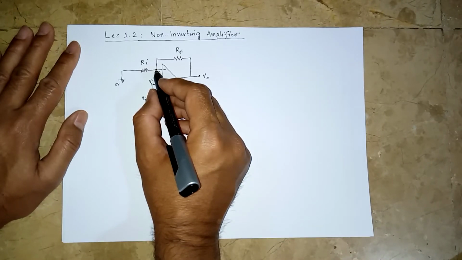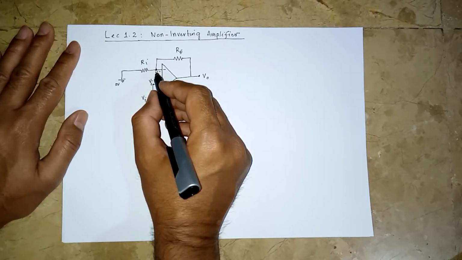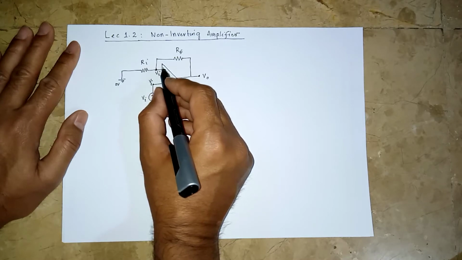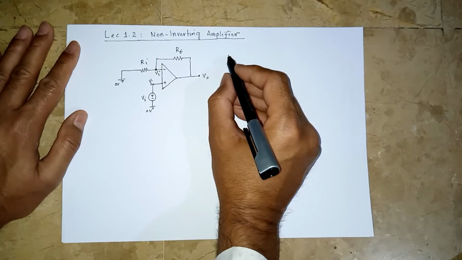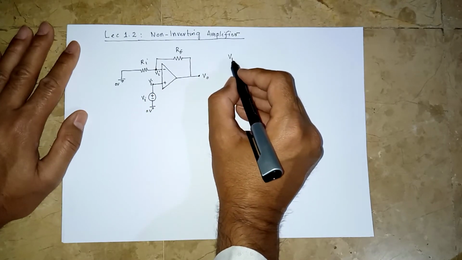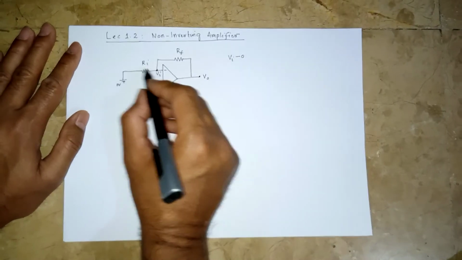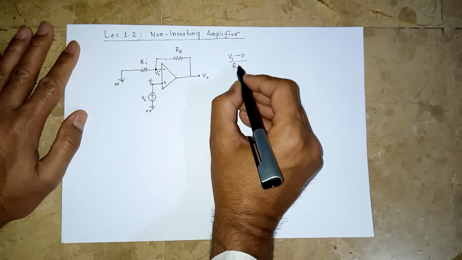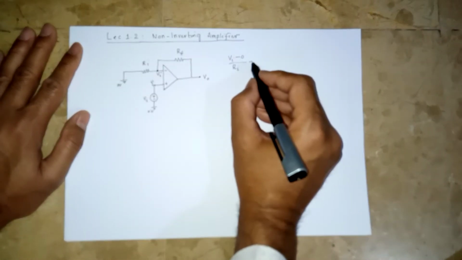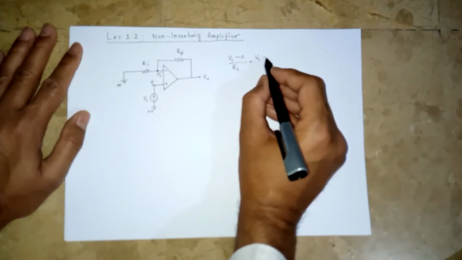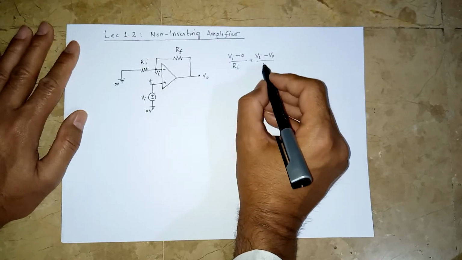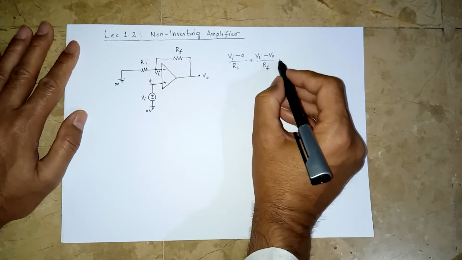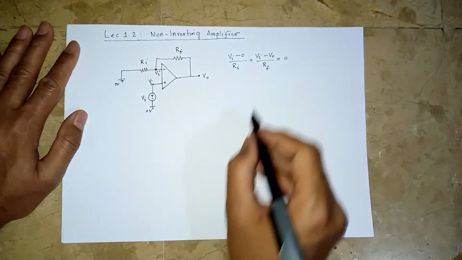Can we now write the NVA equation for Vi? And we know there is no current flowing into the input. So we are going to have Vi minus 0 over Ri, the outward current through Ri, plus Vi minus Vo over Rf equal to 0.